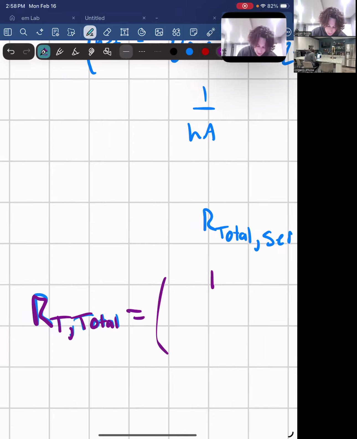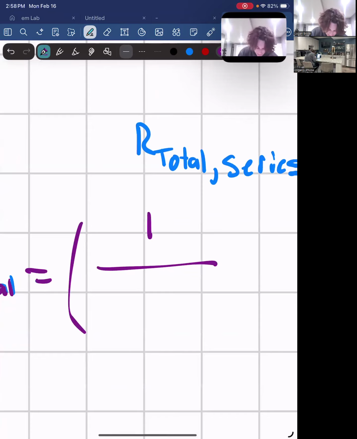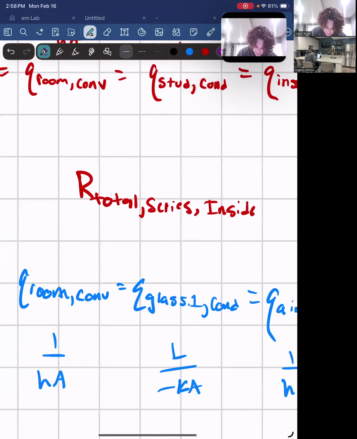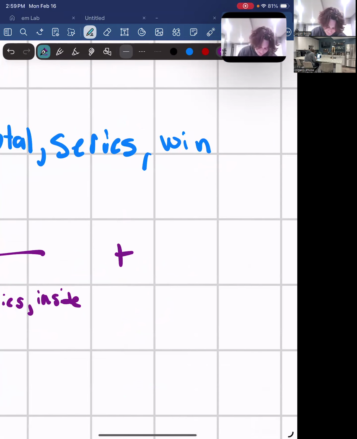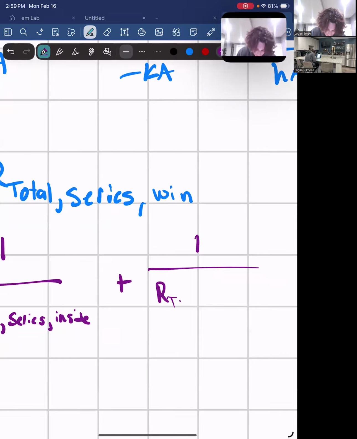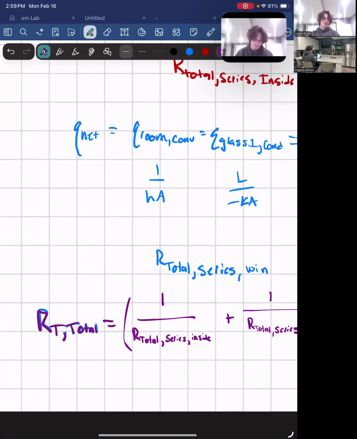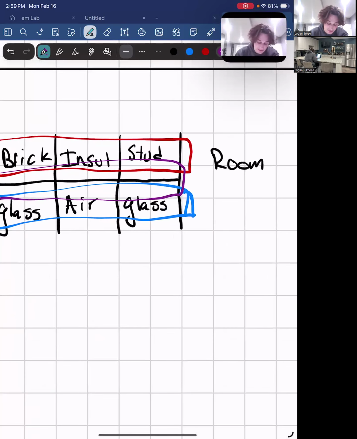So it is 1 over our first set that we broke it into, our total for the series. What did I label it? Inside. Plus 1 over our second one here, our R total for this series of the window. And so that is our overall thermal resistance for a series and parallel.